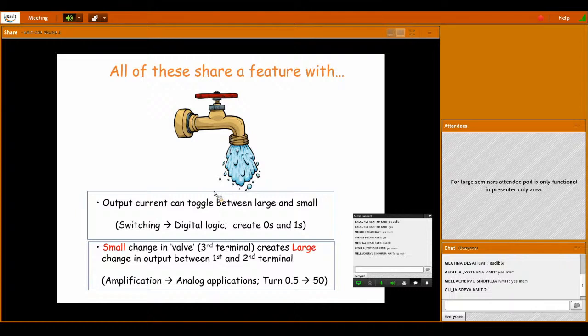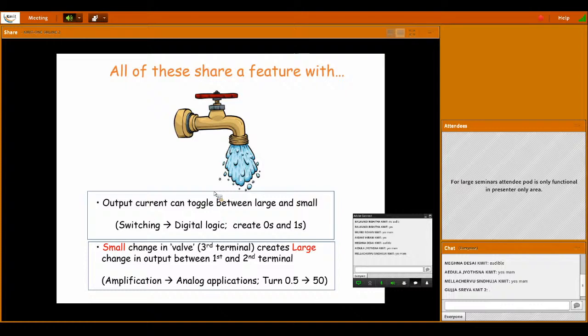Thereafter, those electrical signals are applied as input to the transistor, which acts like an amplifier. That transistor is operated in the active region and amplifies the voltage levels to sufficient levels.